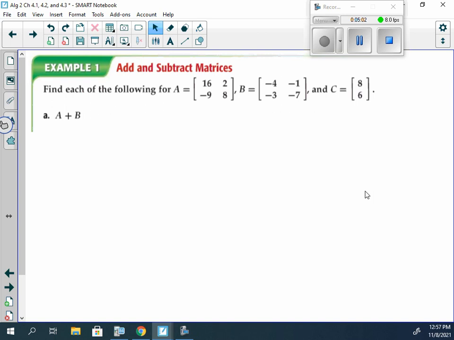Addition and subtraction. Now, we covered this once before. We did cover it in August when we covered matrices in chapter 1. And we will look at it again here today.